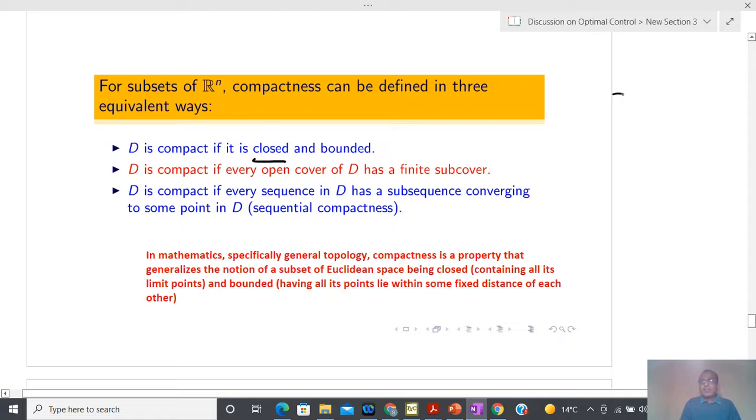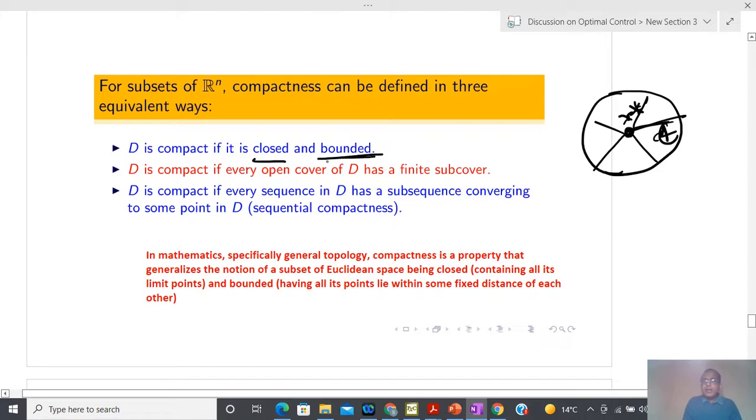So if I assume this region is compact, some limiting point exists inside it, and all other points are within some epsilon distance from here. That epsilon distance is given by bounded, and closed means there exists a limit point.